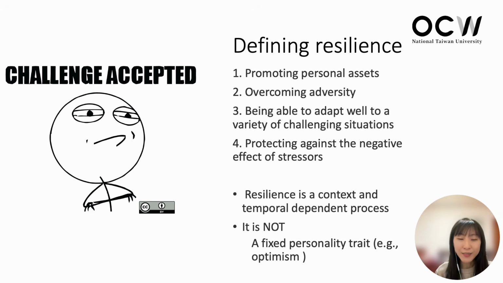There is a lack of consensus or a universal definition of resilience, but researchers tend to agree that resilience can be described as being able to promote personal assets, so utilizing different strengths and skills, being able to overcome adversity, being able to adapt well to different challenging situations, and finally, being more protected from the negative effects of stress. So being able to recover from stress quite quickly.